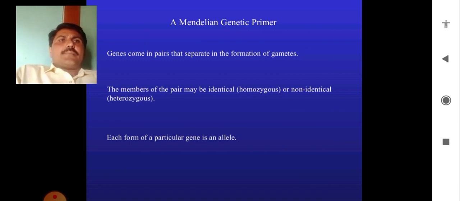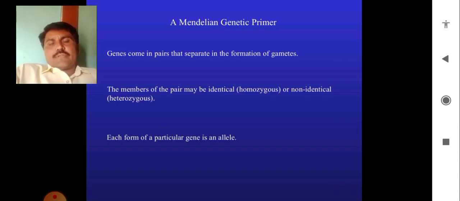What is the primer? Genes come in a pair that separate in the formation of gametes. The members of the pair may be identical or non-identical. When the members of the pair are identical, they are known as homozygous, and when they are non-identical, we call them heterozygous.